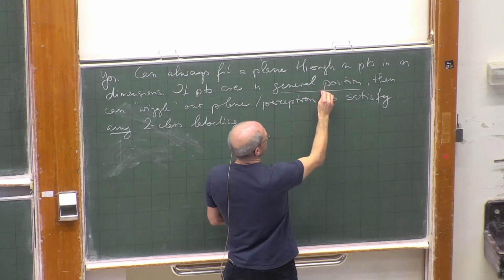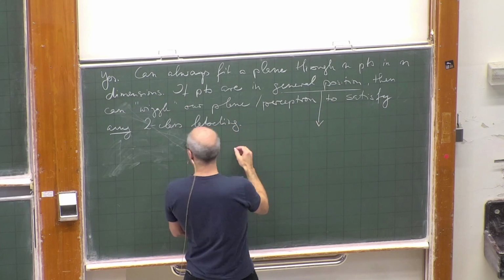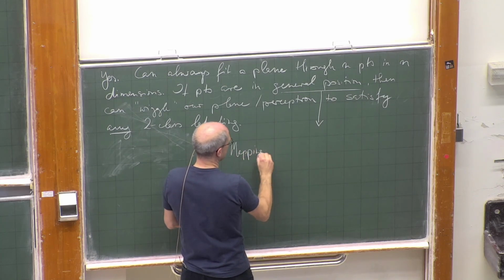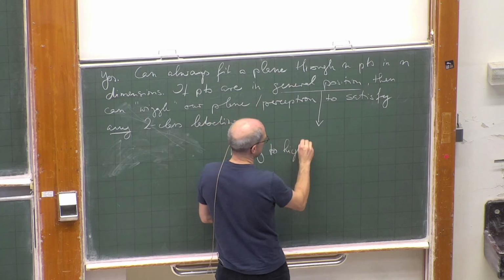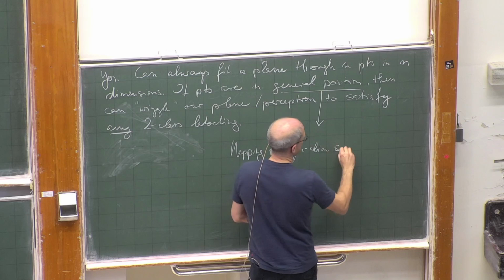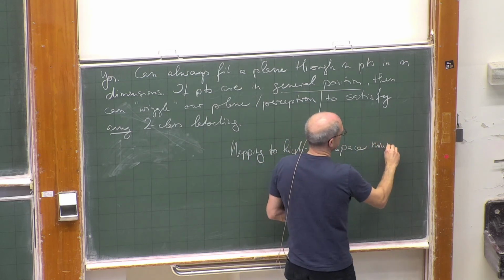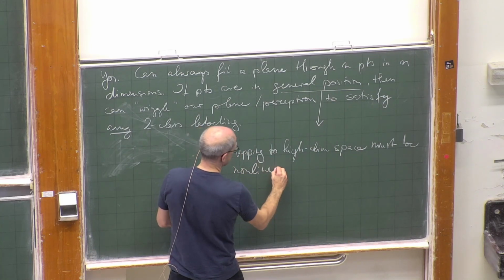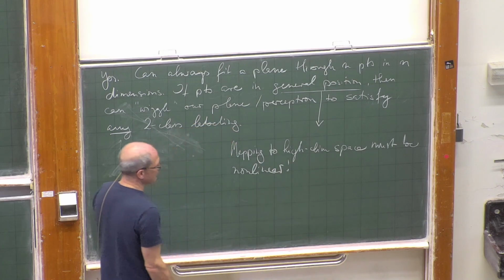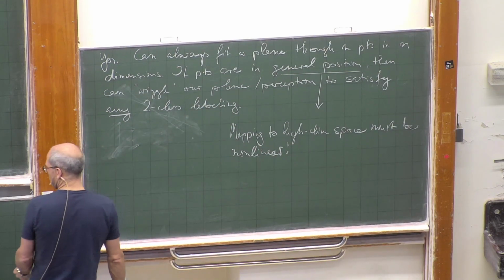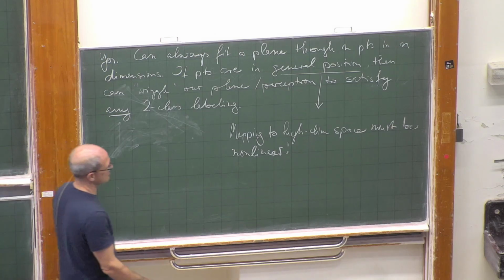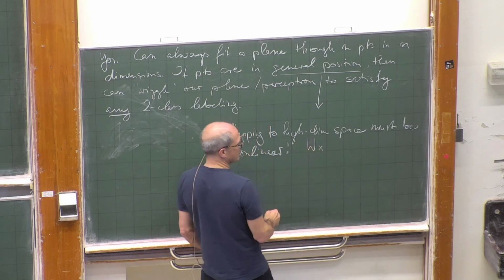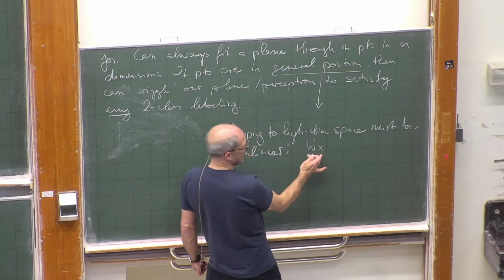And this requirement for general position here means that the mapping which we do, the mapping to this higher dimensional space that we're using, it must be nonlinear. Because if it were not, if we just took a linear transformation, so if we just take our samples X and multiply them with some weight matrix, that would not do the job.